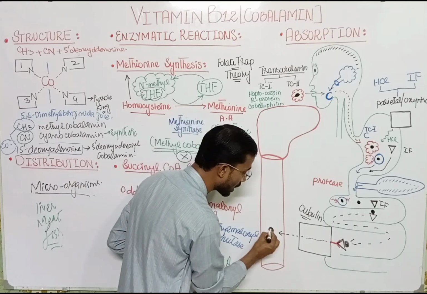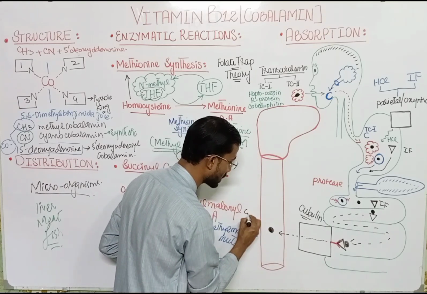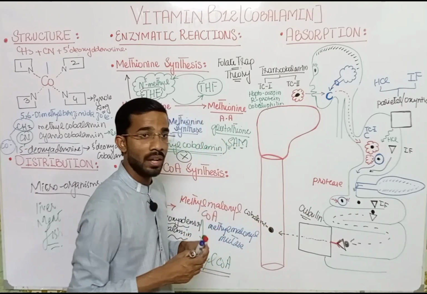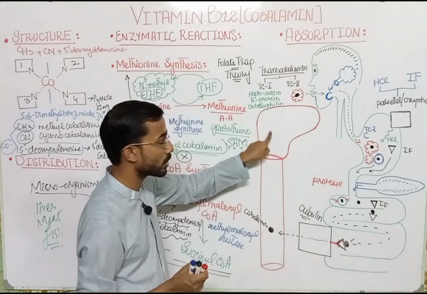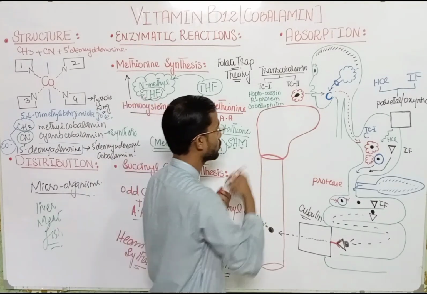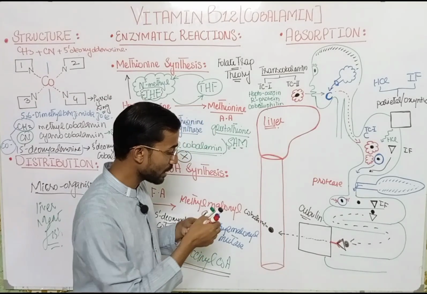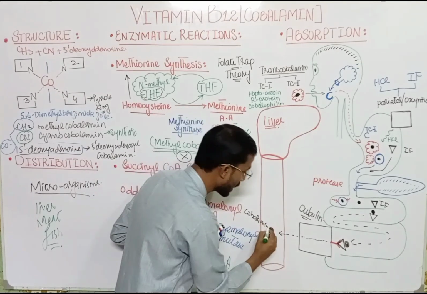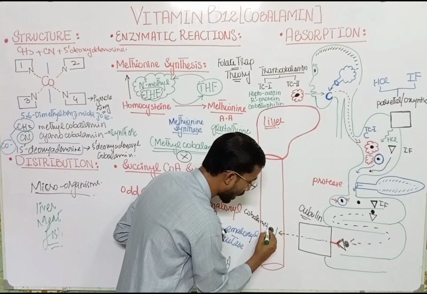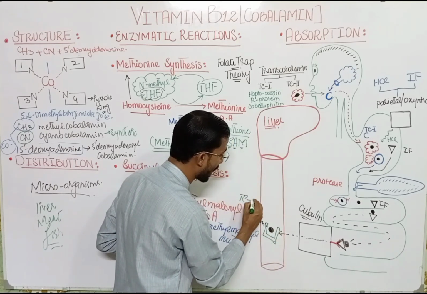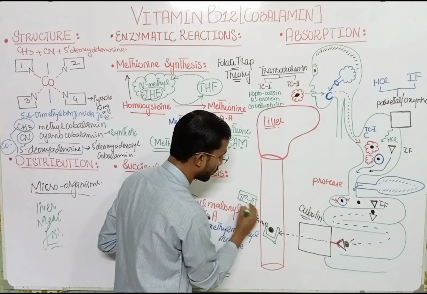So here is the cobalamin. Now this cobalamin will be transported towards the liver. This is the liver, and in that system you will see a transporter called Transcobalamin II.